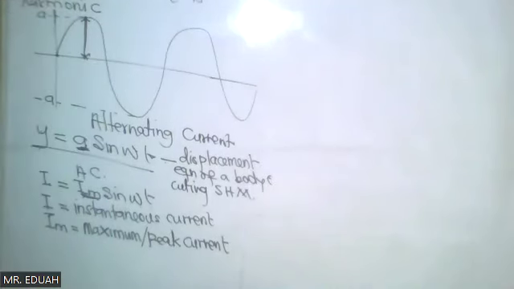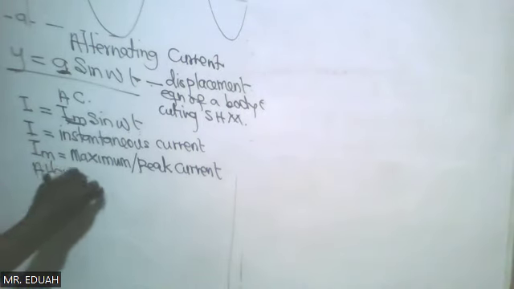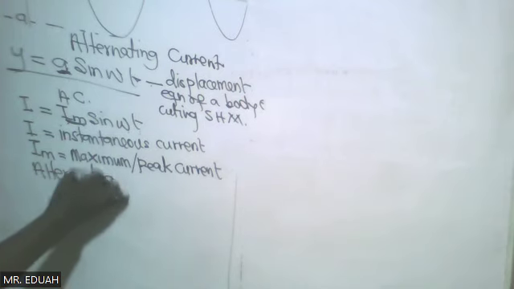So just as we talk about alternating current, we also talk about alternating voltage. There must be a voltage, which is the EMF, to drive the charges to create current. So we also have alternating voltage.